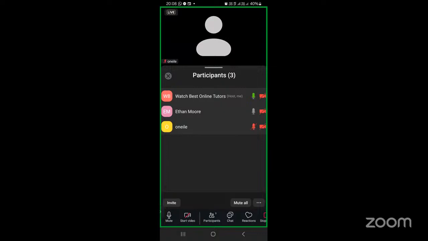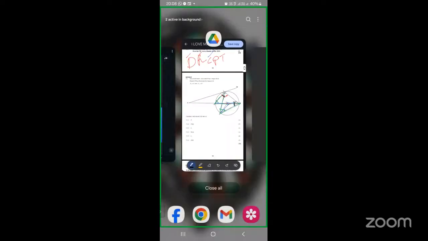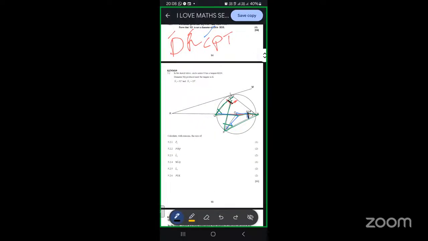We were busy with Ethan doing this analysis using the DRCPT before we can dive into the problems. So we were just here on this piece. So I'm asking you guys if there exist some parallel lines in this diagram here. Do we have some parallel lines?